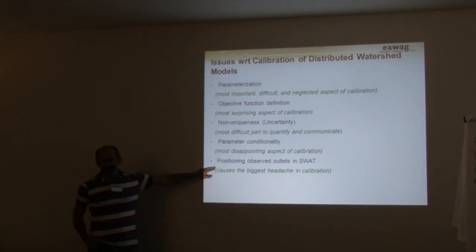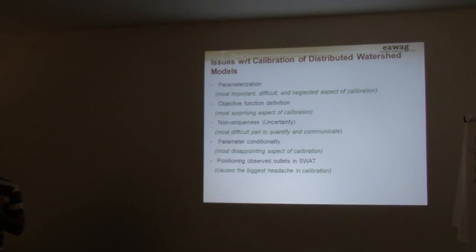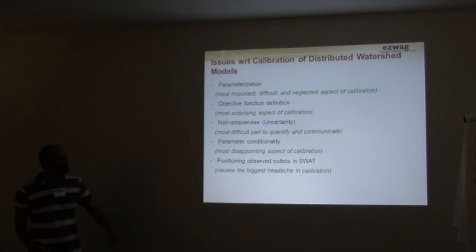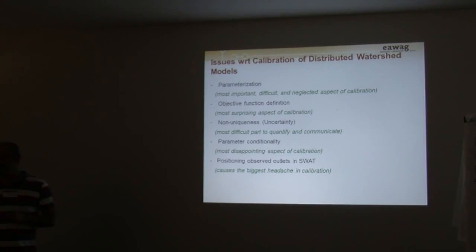A big problem, this comes out of two of our projects. We have a project in the Black Sea and a Europe-wide project to build a model for the whole of Europe. And there are thousands of outlets involved.